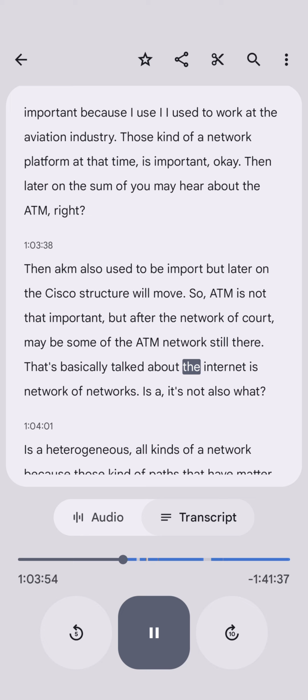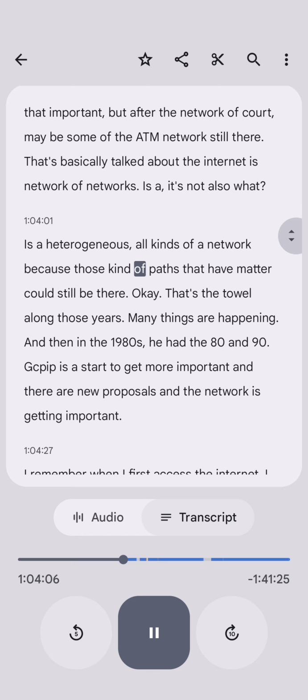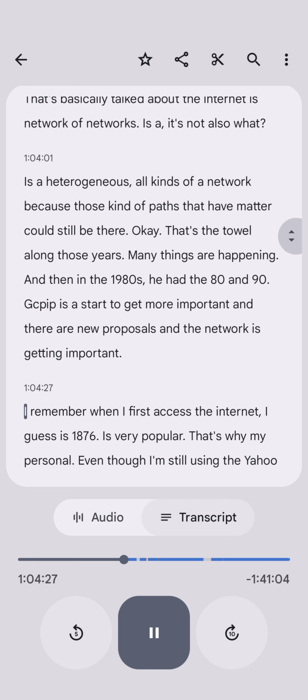That's basically saying the internet is a network of networks, and it's also heterogeneous, all kinds of networks, because that past technology could still be there. Okay, that's to tell you that along those years many things were happening, and then in the 1980s and the 90s TCP/IP started to become more important, and there were new protocols, and the network was getting important.